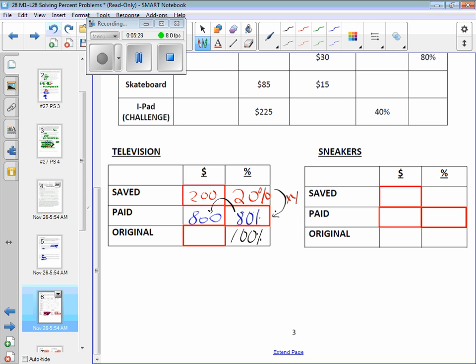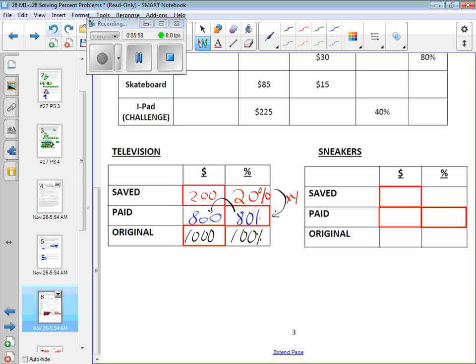To figure out this last piece, you could multiply and say 20 times what makes 100, and that's 5. Or what's the easier way to figure this last number out? I think it's easier without using multiplication. Steven. Remember, this plus this has to add up to this.